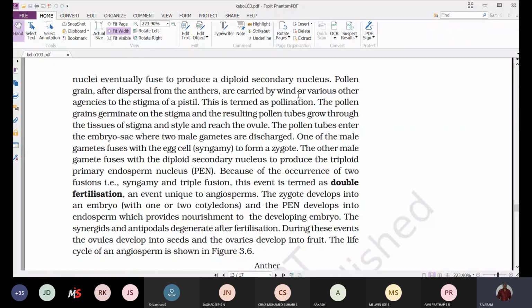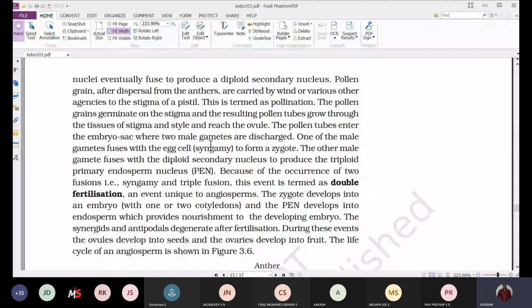Inside the ovule, what is present? The embryo sac, the gametophyte, is present. So the pollen tube enters the embryo sac, where two male gametes are discharged.